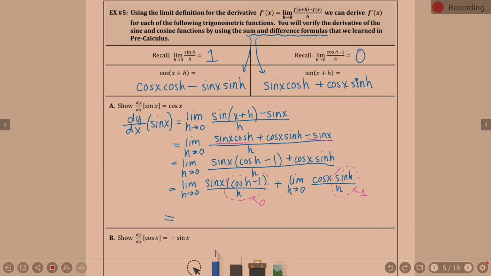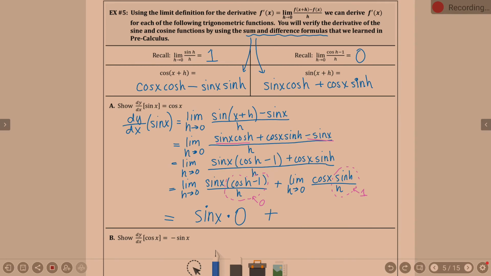on this first one, it's the limit as h approaches 0 of sine x times this limit here. Well, the limit as h approaches 0 of sine x, we put 0 in for h. Sine x is just sine x. So officially, this first piece is going to be sine x times 0 plus my second piece, well, the limit as h approaches 0.